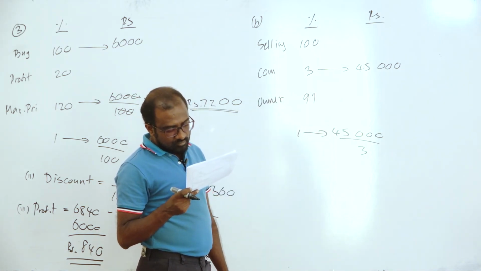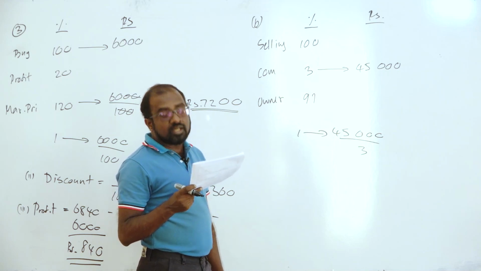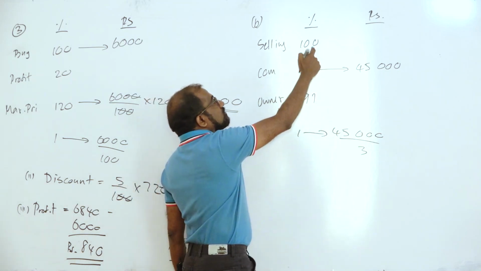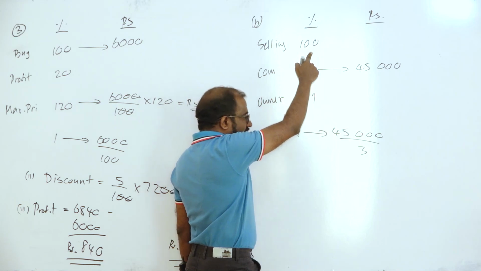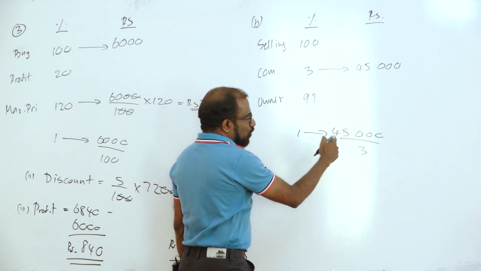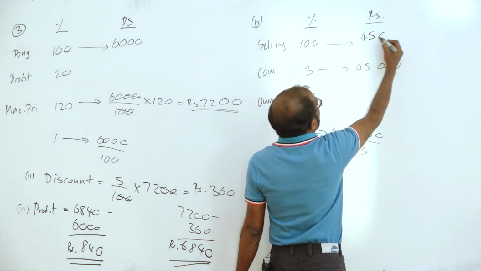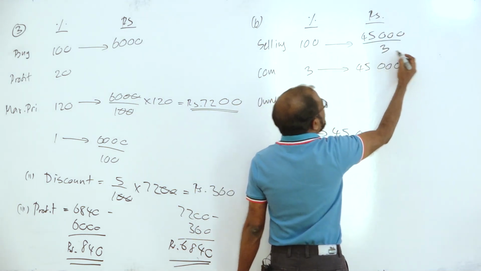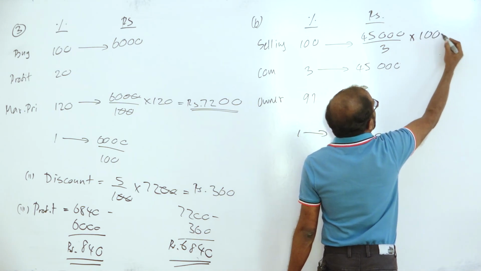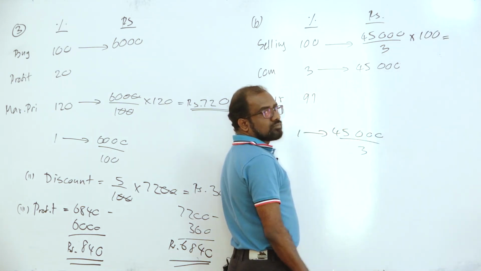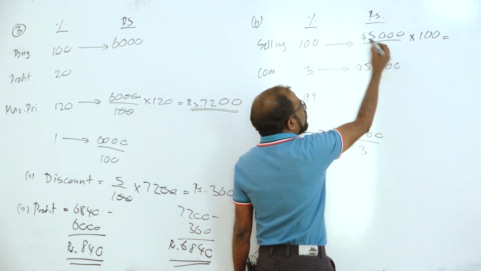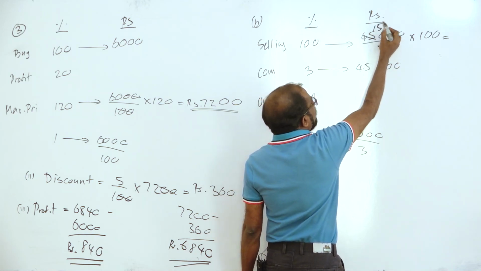What are they asking? For how much the vehicle has been sold, the selling price. So 1% is 45,000 over 3, to find 100%: 45,000 divided by 3 gives 1%, multiply by 100. So for how much has the vehicle been sold? 45 divided by 3 is 15.